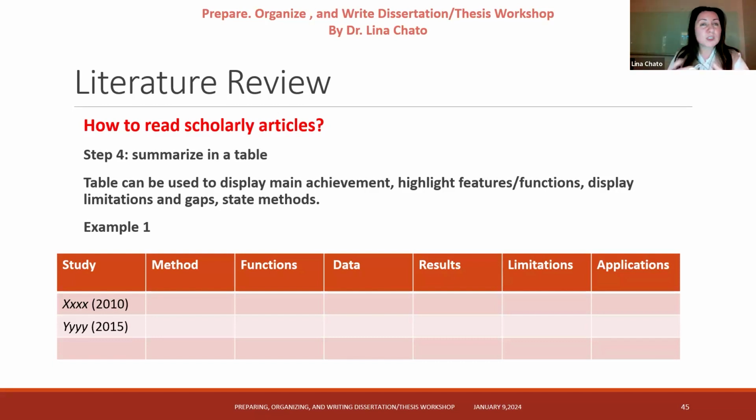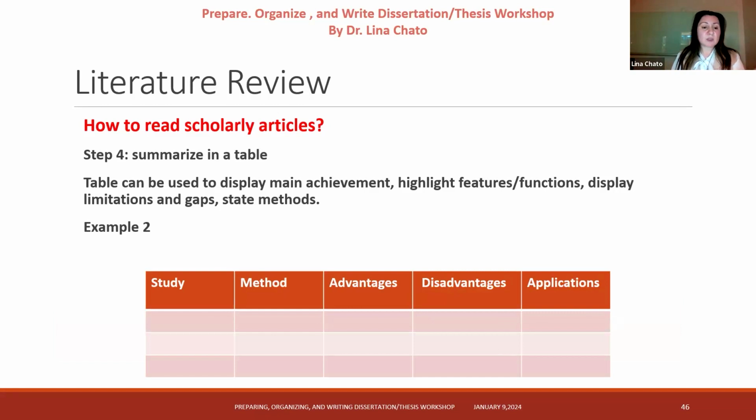Okay, so it's just to show other achievements and also to show how your research will contribute to the field and how your research will solve a specific question that you highlighted. Okay, so there are different types of the table. So maybe if you ask which one is the best, actually it depends, as I mentioned, on your research topic.